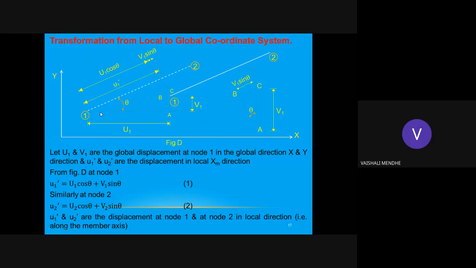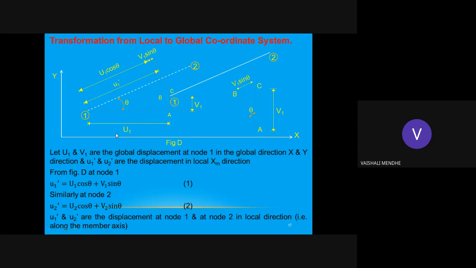यहाँ से अगर आपको dotted line दिख रही होगी, this dotted line from this to this in the vertical direction, वर्टिकल डायरेक्शन में v1, और नोड 1 से यहाँ तक हॉरिजॉन्टल डायरेक्शन में u1.